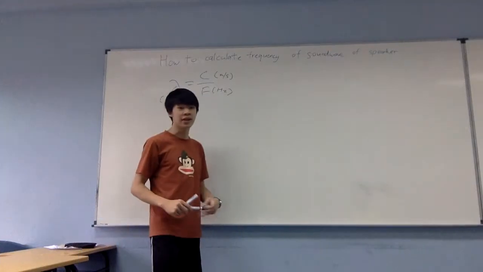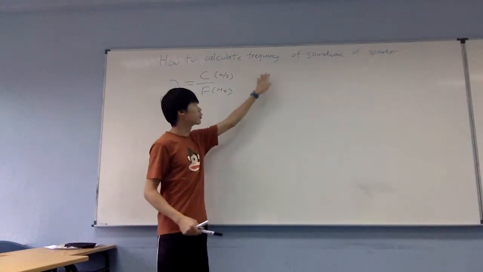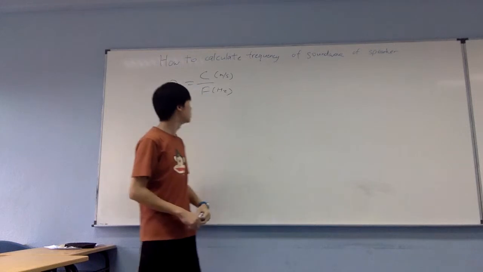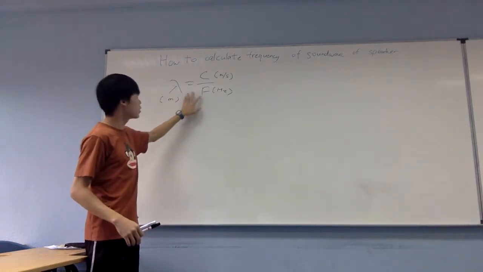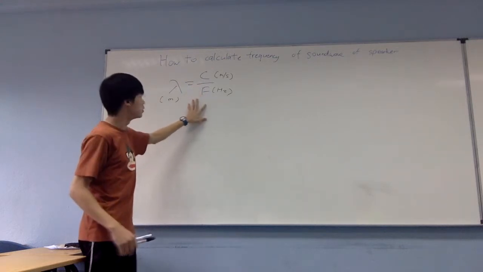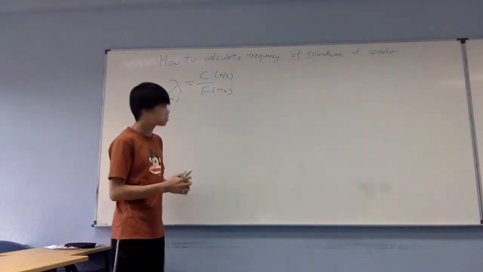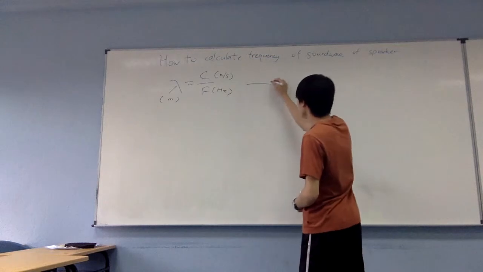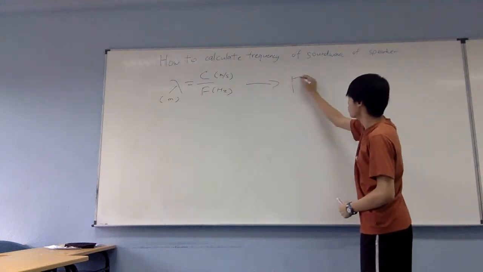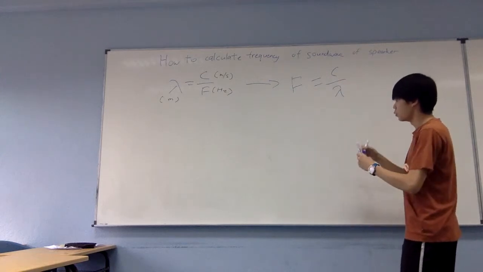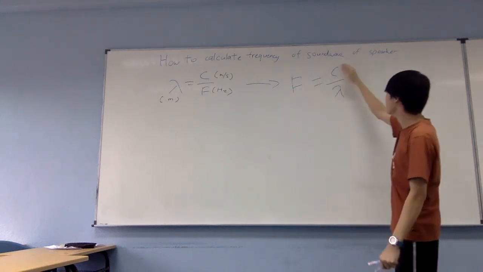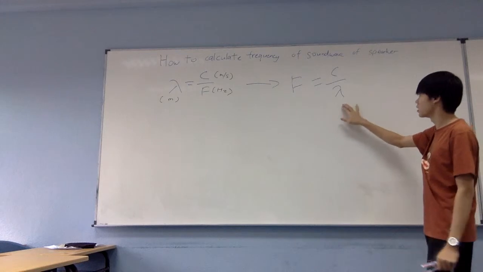Secondly, to calculate the frequency of the sound wave of the speaker. As in the previous equation, lambda equals C over F. We now convert it to frequency equals C over lambda, where this is the frequency, this is the speed of sound, and this is the lambda.